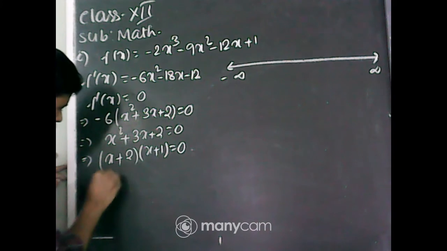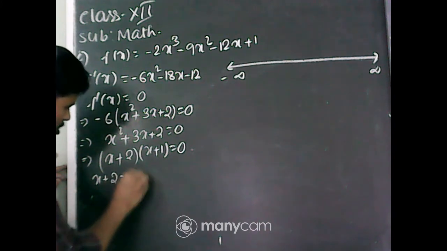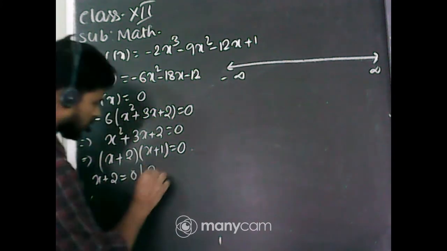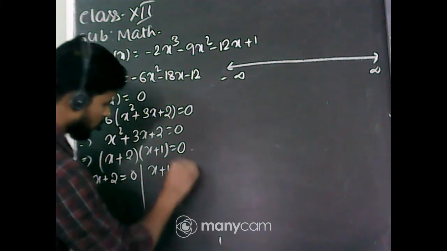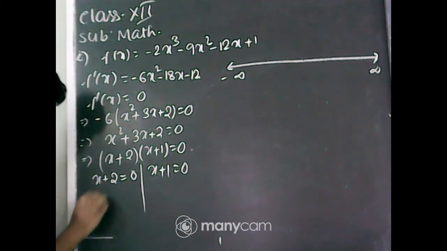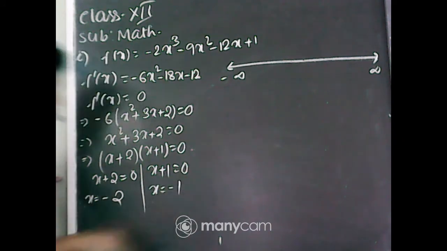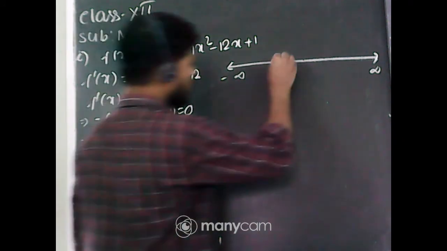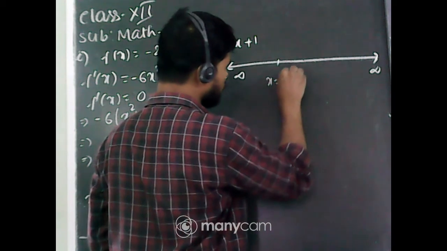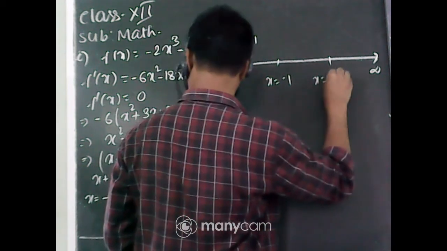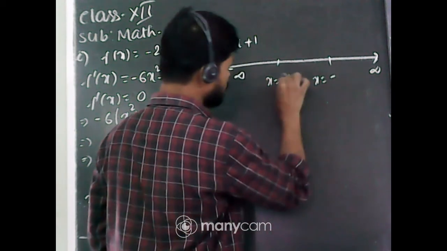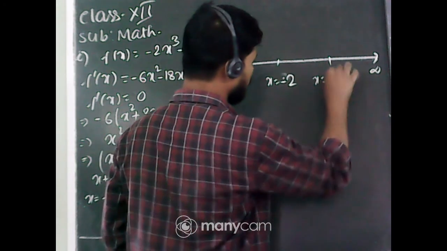One is from equating x plus 2 to 0, and one is equating x plus 1 to 0. So from here we have x equal to minus 2, and from here x equal to minus 1.